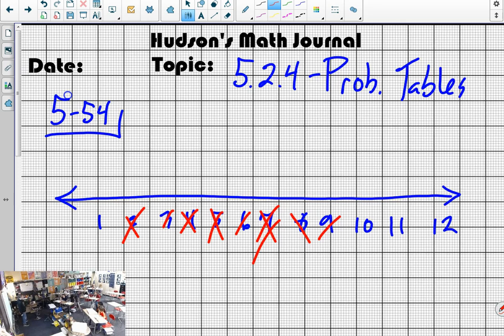A 2 and a 6. So we get an 8. And this is going to make it, okay. No, even numbers are better than odd numbers. Let's leave it at 14.